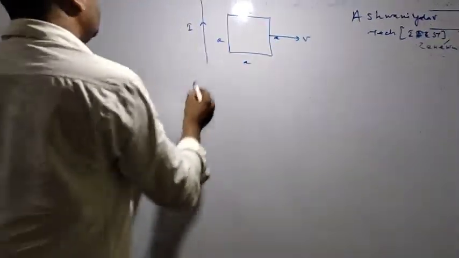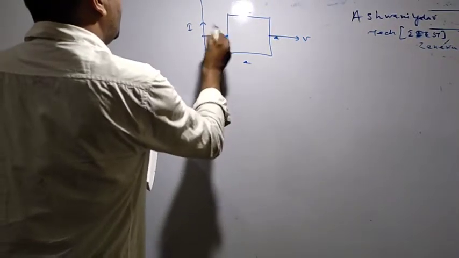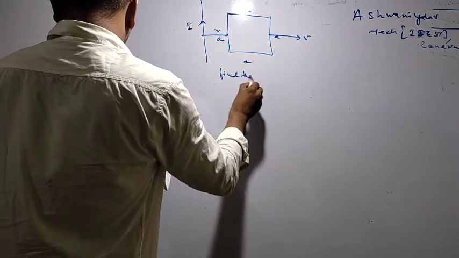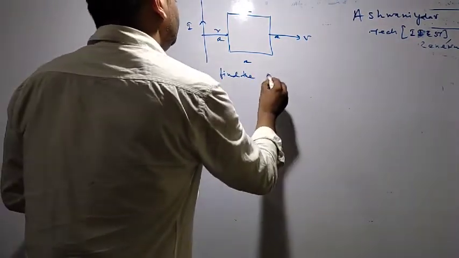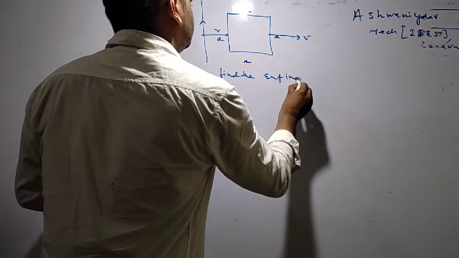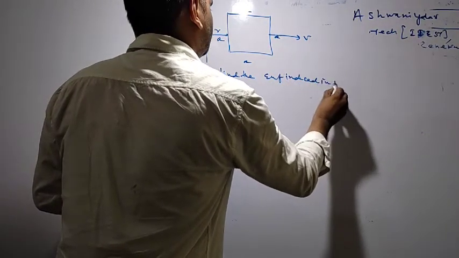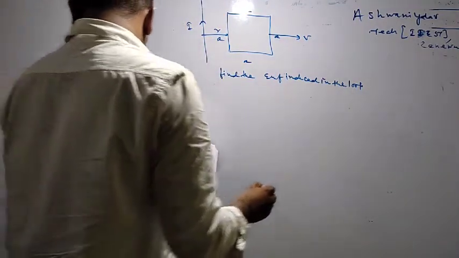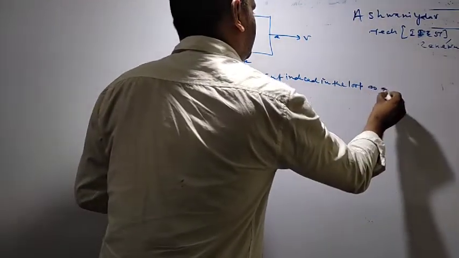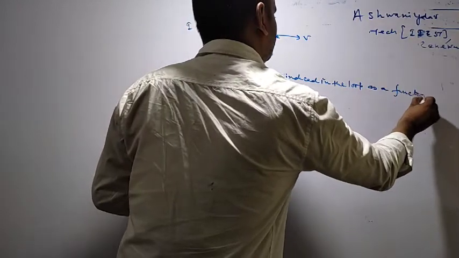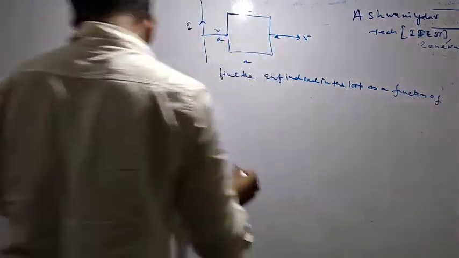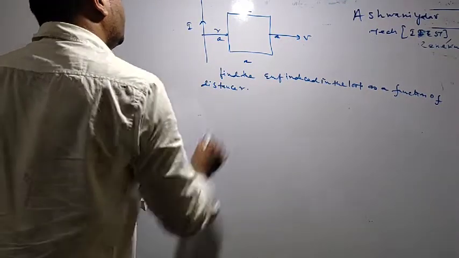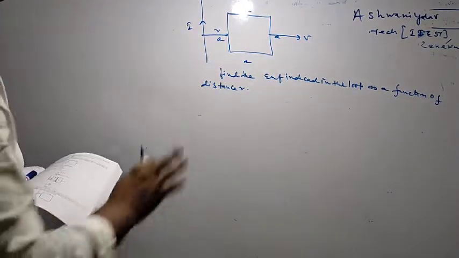Now this distance is r. Now find the EMF induced in the loop as a function of distance r. Okay, this is your question. This is the basic question.